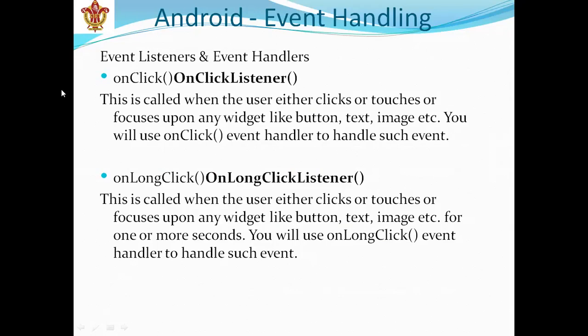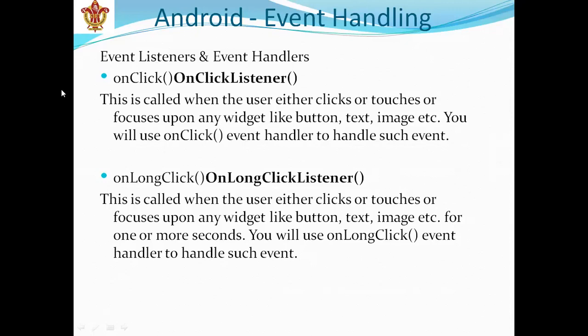It is like the on-click listener. This is called when the user either clicks or touches and focuses upon any widgets, for example image, buttons, text, etc. So you will use the on click event handler to handle any type of events.